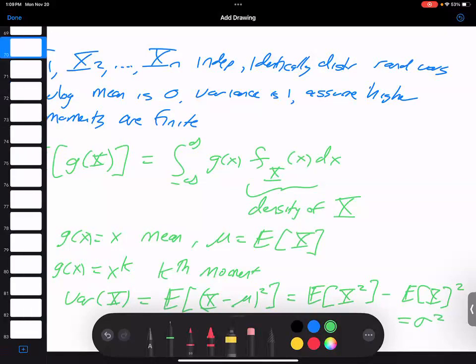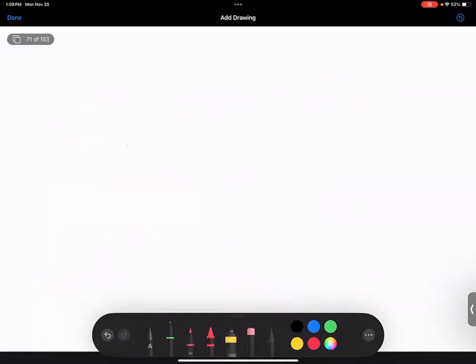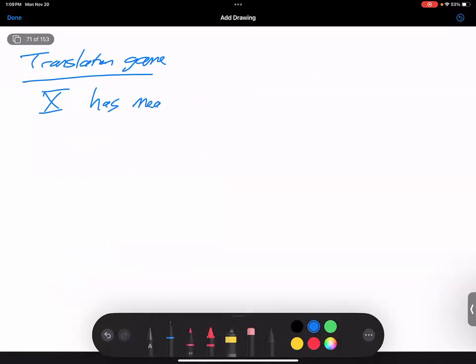Now, if I give you a nice random variable, we can always play the translation game. If x has mean mu, if we let y equal x minus mu, what's the mean of that? 0. And so you can just go through and do the algebra.